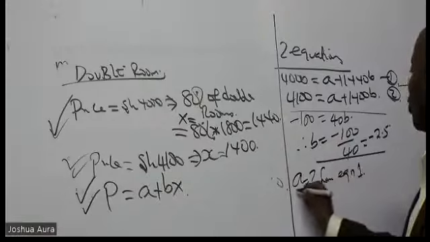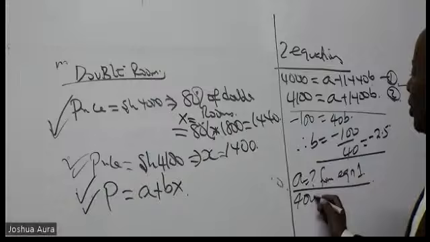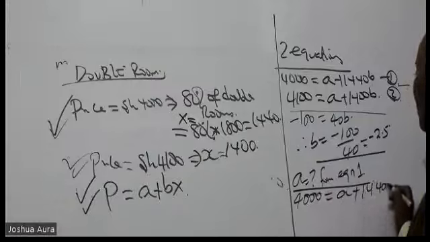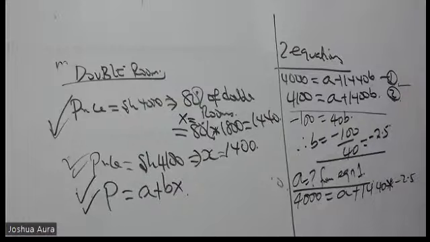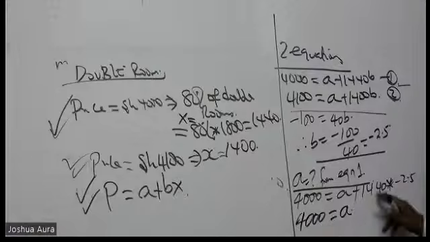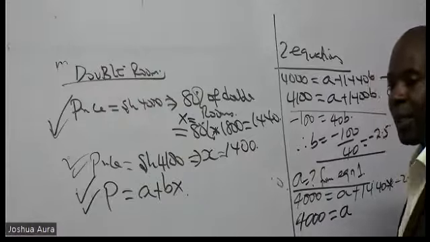From equation 1, we have 4,000 equals A plus 1,440B, and B is minus 2.5, remember. So 4,000 equals A plus, what is this times this? It will be negative. Somebody give me a figure there.